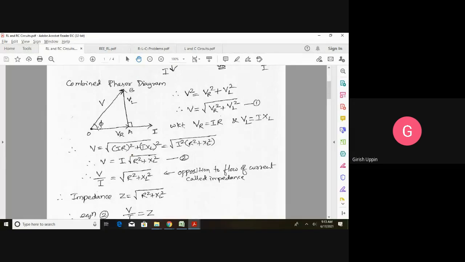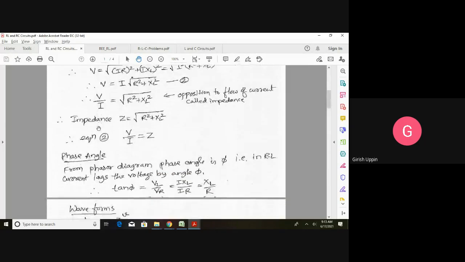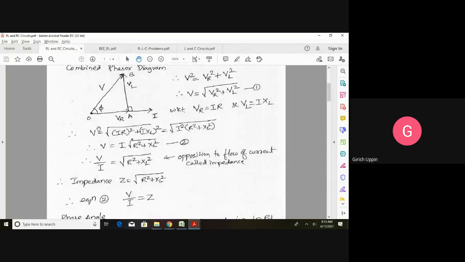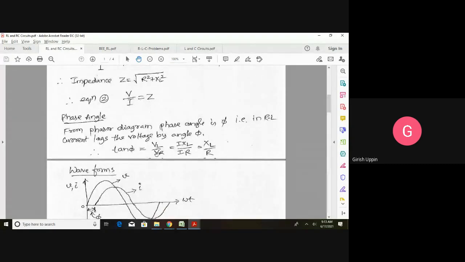And how to calculate what angle it is lagging by? You can use the tan function. So tan of phi is equal to opposite upon adjacent, VL divided by VR. So tan phi is equal to VL by VR. And also VL, we know it is I into XL, VR is I into R. I will get cancelled, XL by R. So how to find the angle between the voltage and the current?